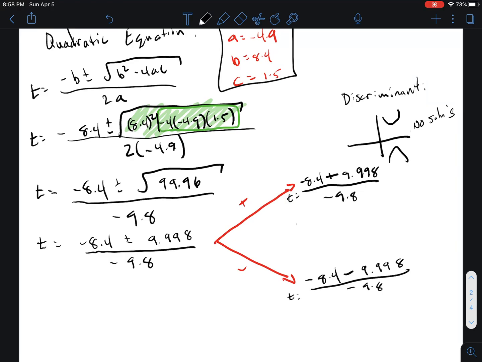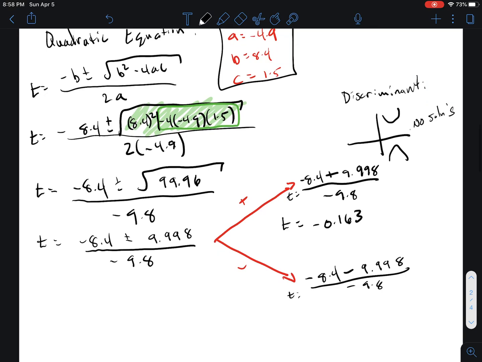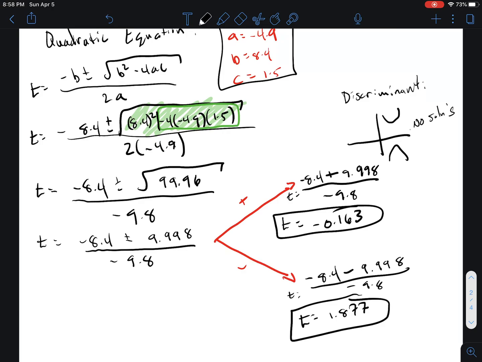So it turns out that t here is going to equal negative 0.163. Okay, and it turns out here that t is going to equal 1.877. So these are the two values in time in which this ball is in the air, right?